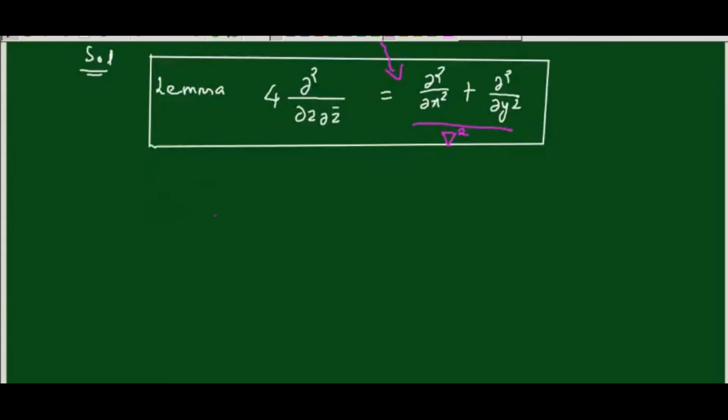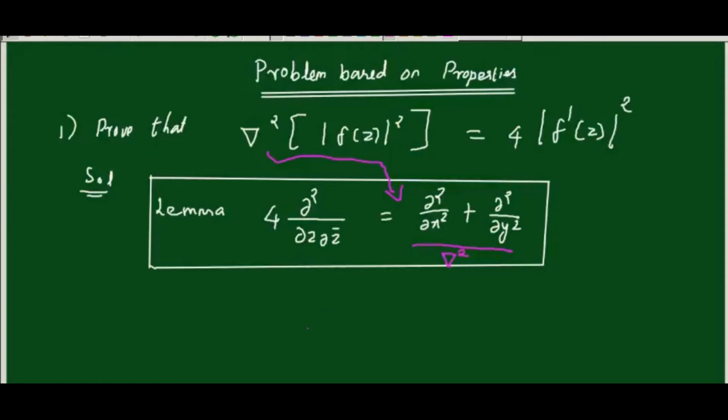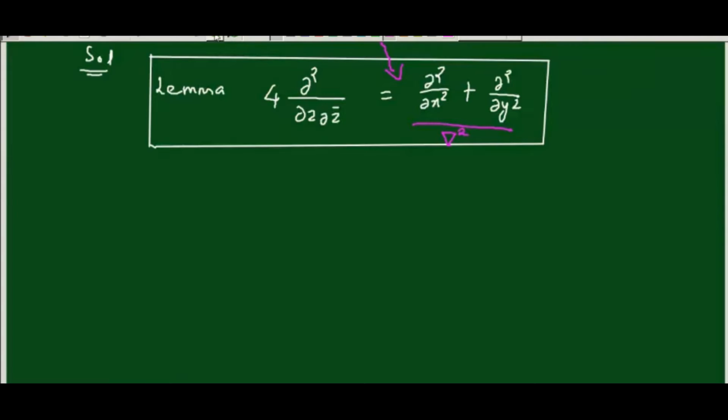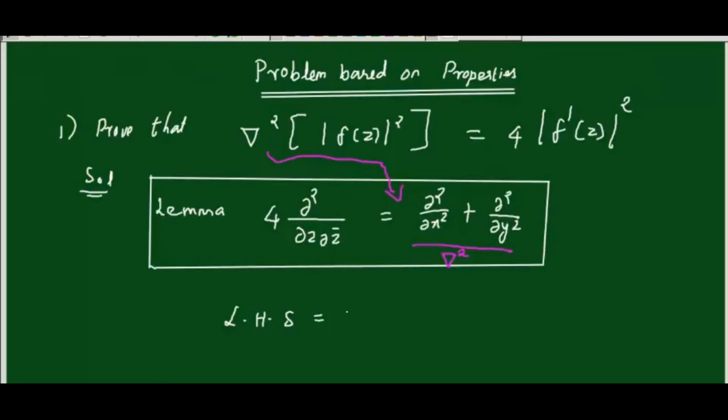I'm taking the LHS and I'm going to prove the RHS. What is the given LHS? The given LHS is del square of modulus of f of z the whole square.